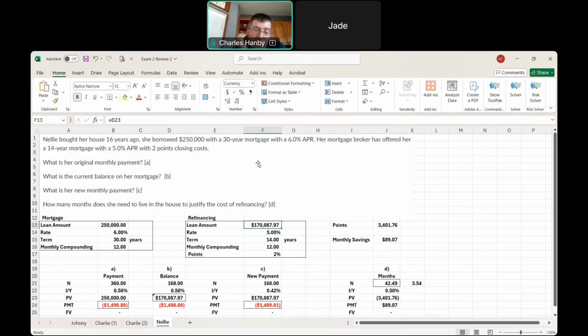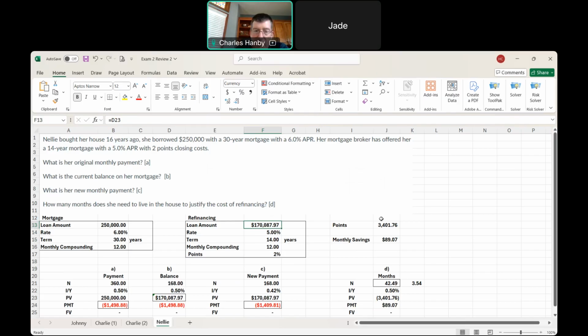But the points is the lender's fee. So they're charging you $3,400 to create this loan, which is based on the amount of the loan. So in this case, if a point is 1%, 2 points is 2%.